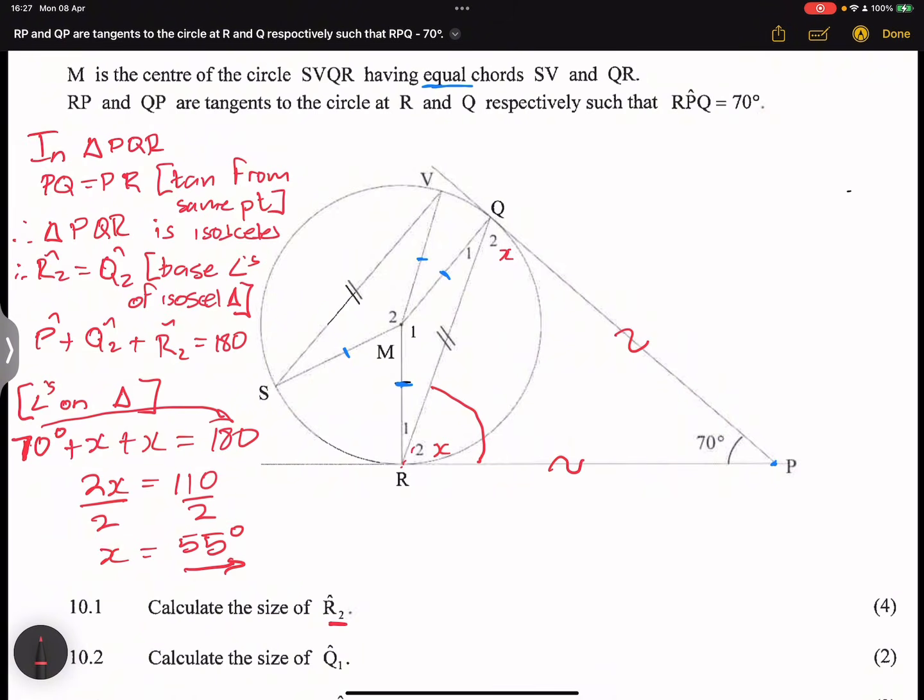Now notice, here's our chord, but can you see that that angle does not reach the circumference of the circle? So in that case, we cannot use the tan chord theorem. So now what are we going to do? We're going to have to devise a plan.